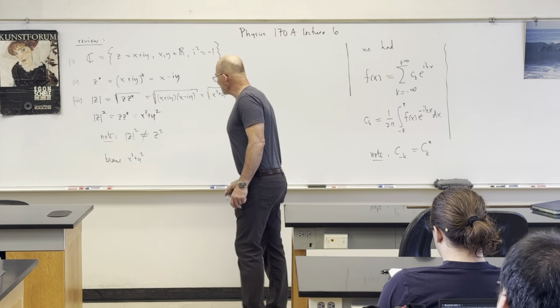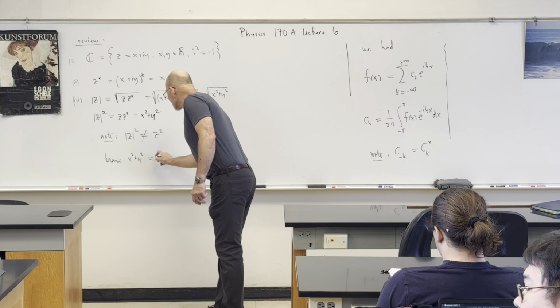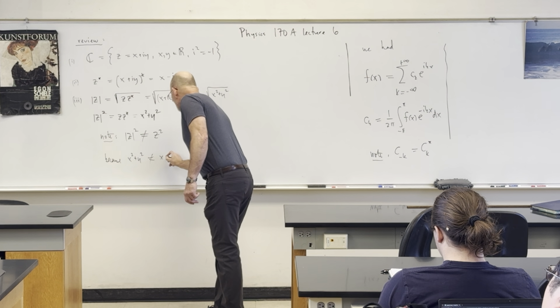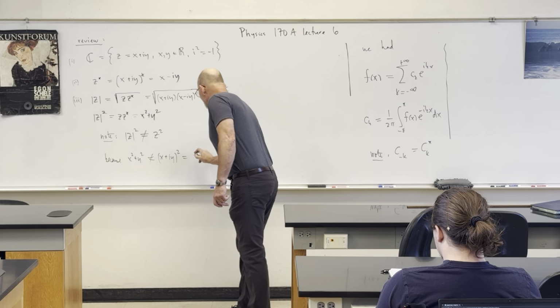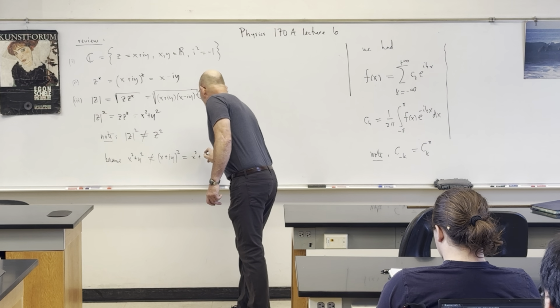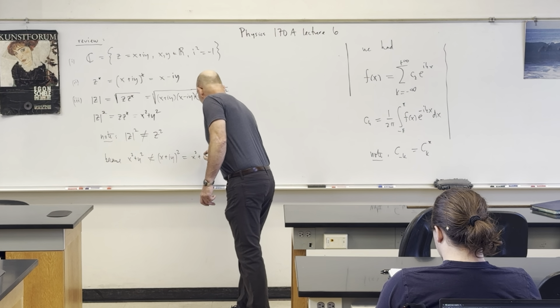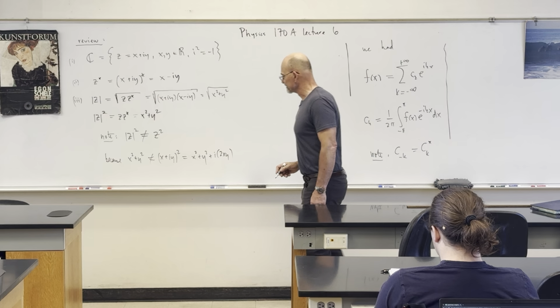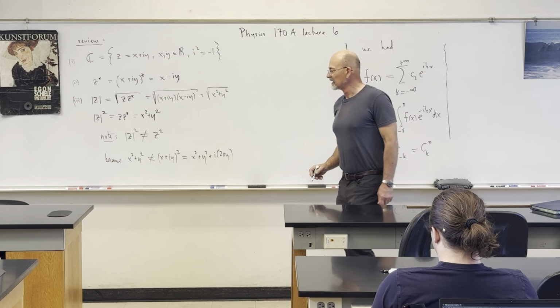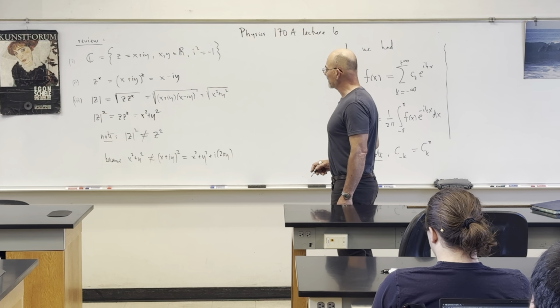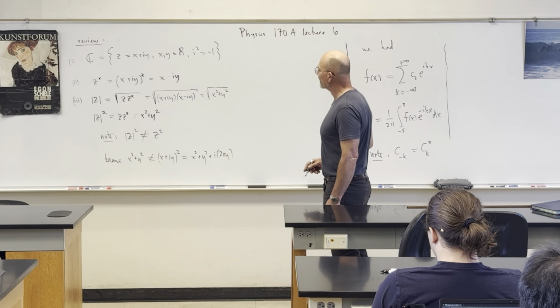Over on the right, we have x plus iy quantity squared, which is x squared plus 2ixy minus y squared, that is, x squared minus y squared plus i times 2xy. They're clearly not the same. So that's something to pay attention to.